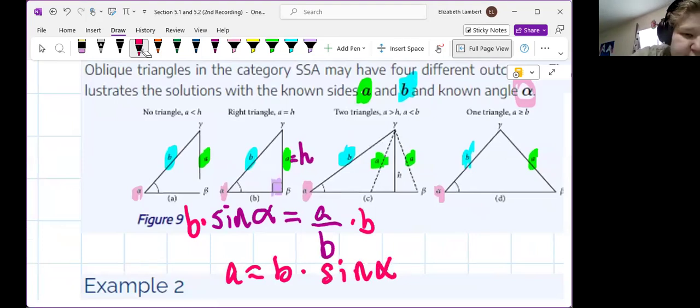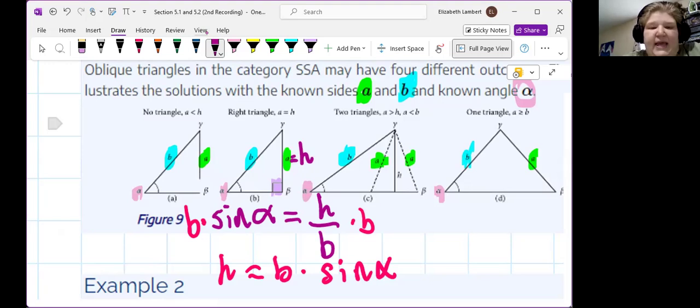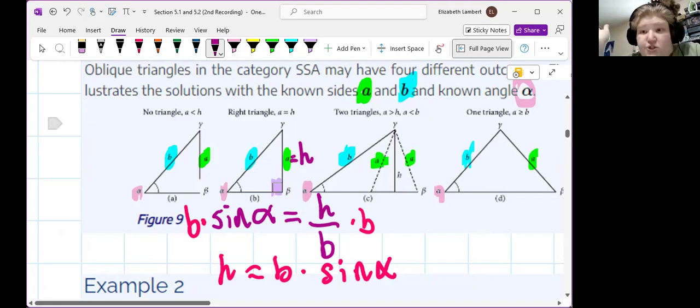Or really, I should call this H. So if A is at least this length, B times the sine of alpha, then I can make a triangle. If A is smaller than that length, then I don't even get a triangle.